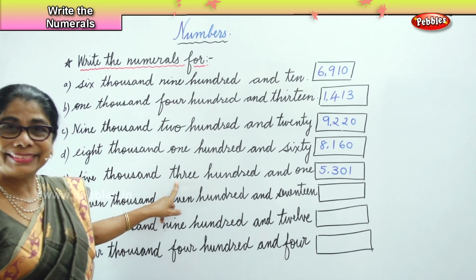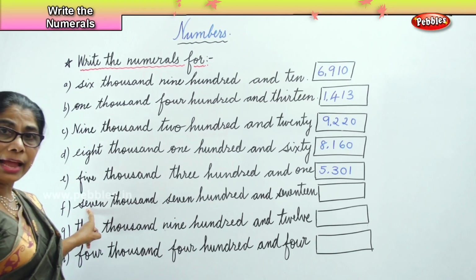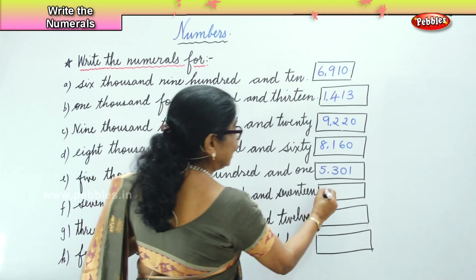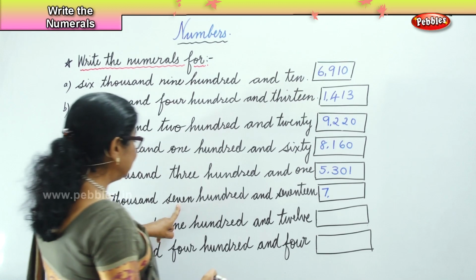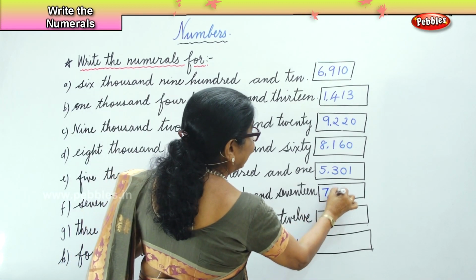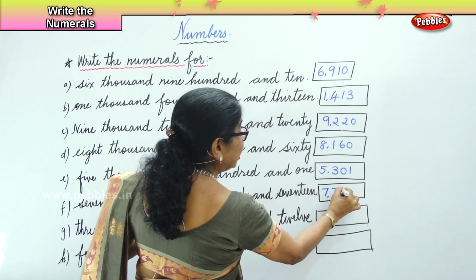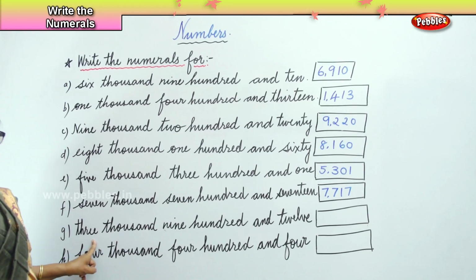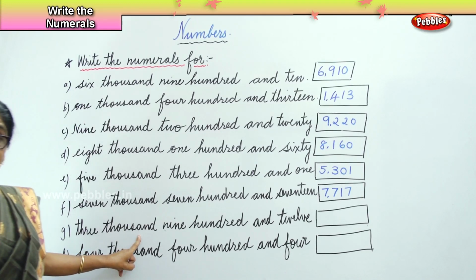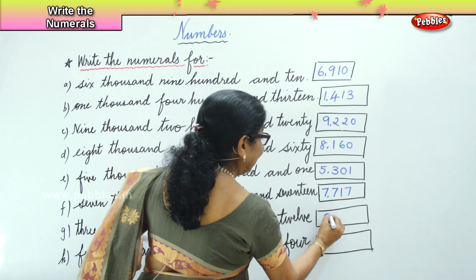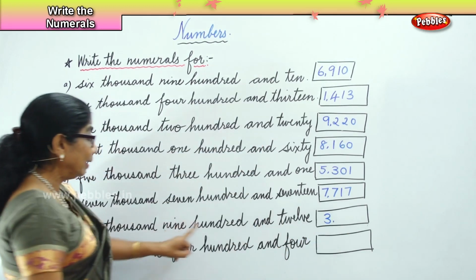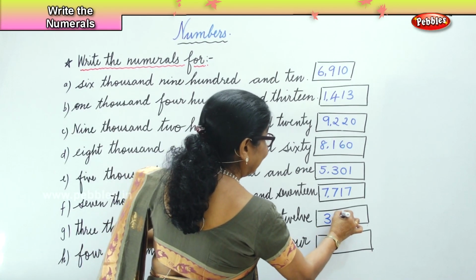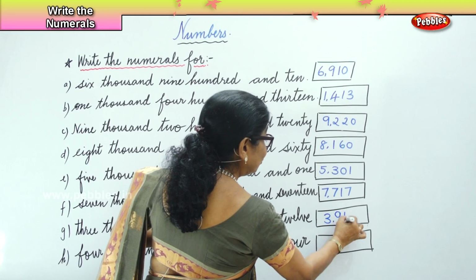Next. 7,717. Good? Good. 3,000. 3,912. 912.